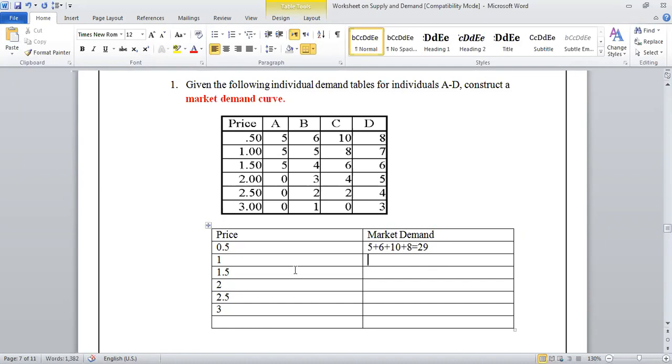At $1 you have 5 plus 5 plus 8 plus 7, 25.